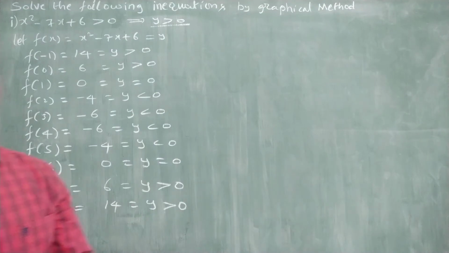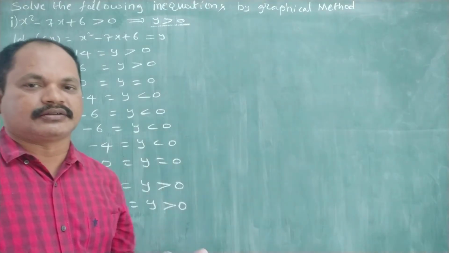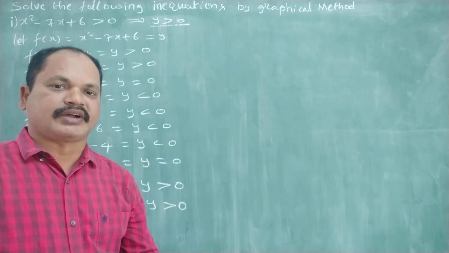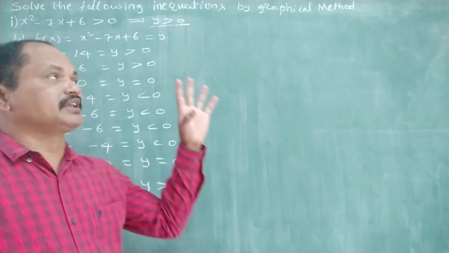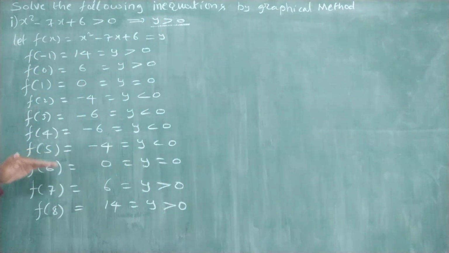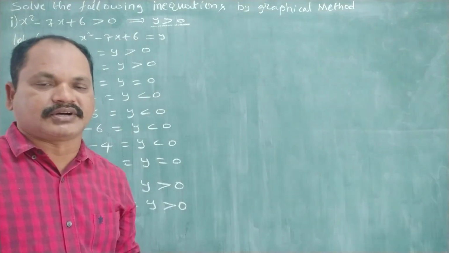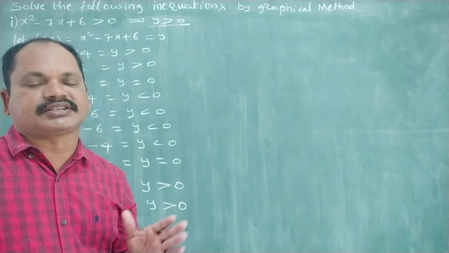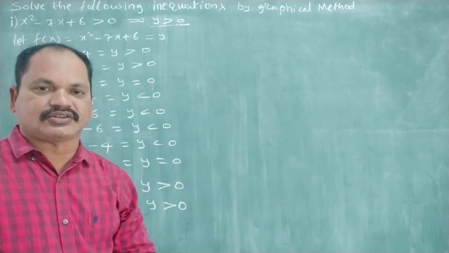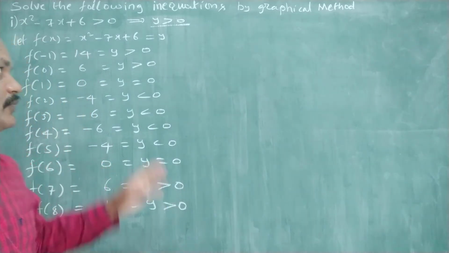That means below 1, what are below 1? 0, minus 1, minus 2, minus 3, these are all satisfying this inequation such that y is greater than 0. And above 6, what are above 6? 7, 8, 9, 10, and so on, all real numbers above 6 satisfy this inequation. Are you clear, all of you?